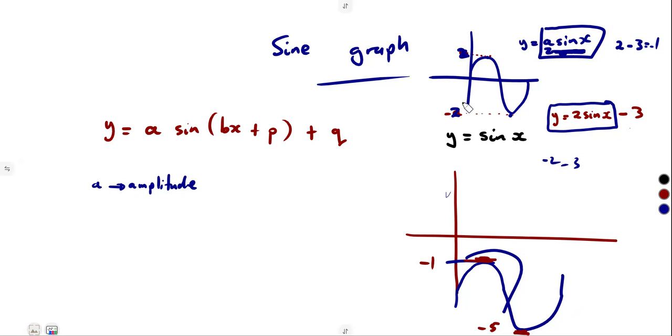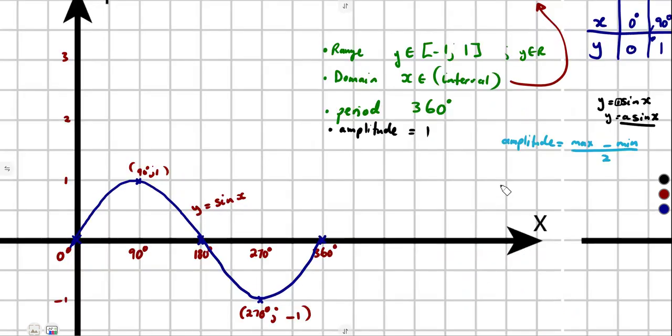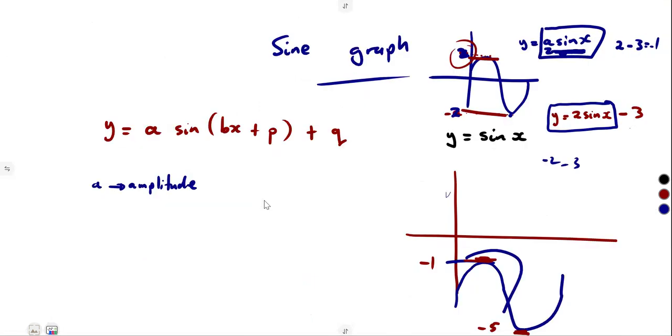But for these ones, where you see minus 2 and a positive 2, just take that 2 as your amplitude, as a positive. I hope we're not going to have confusion. If you are confused, please go back to the formula. Always use the formula to determine the amplitude. You won't go wrong.